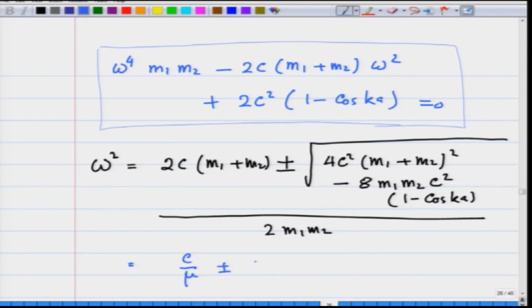So, I can write this as c over mu again, and inside I have taken out 4c square (m1 plus m2) square.